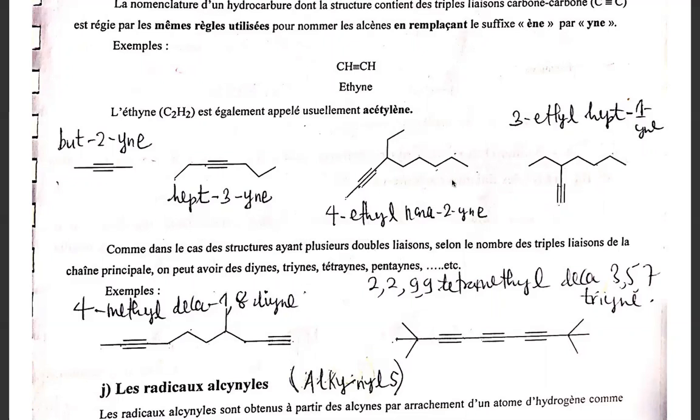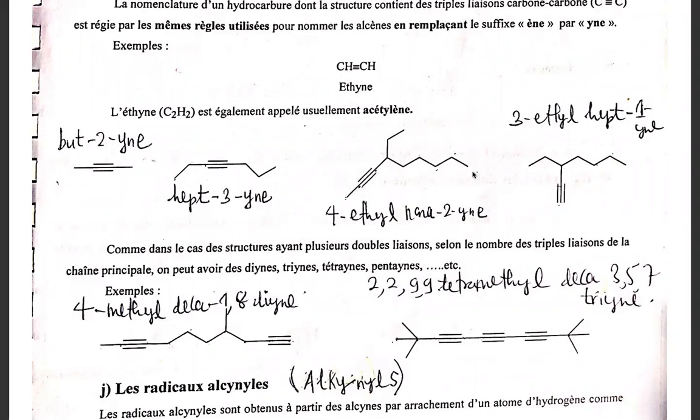So which one is the longest chain? The one that contains the 9 carbon atoms. So at what position do we have our triple liaison d'après la règle 2? The triple liaison is positioned at number 2.